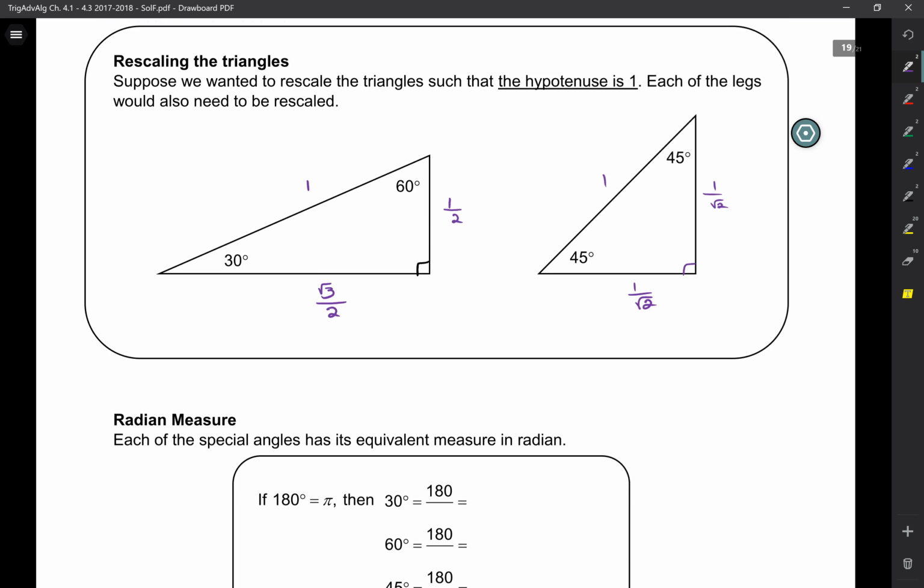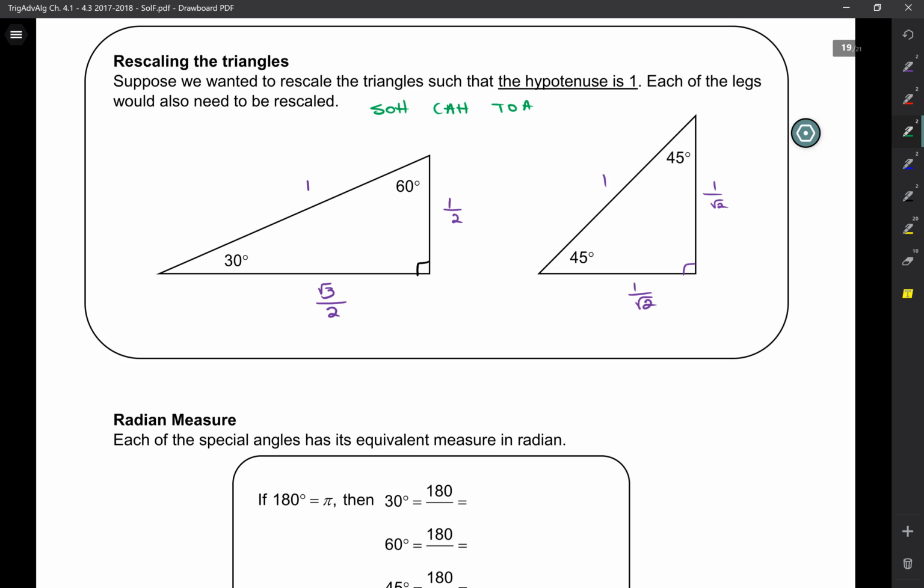Okay, so let me ask you this now. What if you wanted to find the sine of 30? Let me just write down SOHCAHTOA here. If you wanted to find the sine of 30, it would be opposite over hypotenuse: 1/2 over 1. Cosine would be adjacent over hypotenuse, over 1. So when the hypotenuse is 1, and you're dividing by 1, what happens?